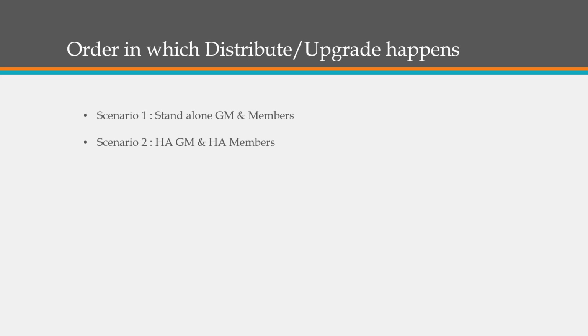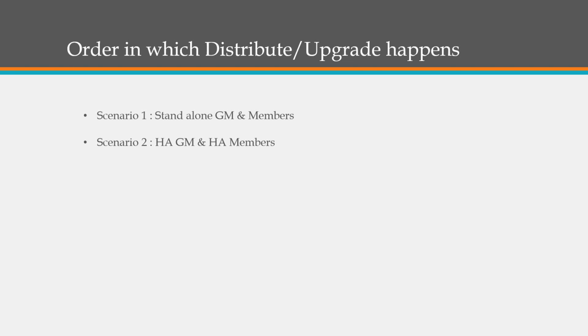So for distribution, the active node of the grid master distributes only to its own passive node, and it will distribute to all the active nodes of the HA members. Once the active nodes of the HA members have that particular set of files, then through block sync they will sync those files so that the passive nodes will also get them. Yeah, so that was about the distribution.